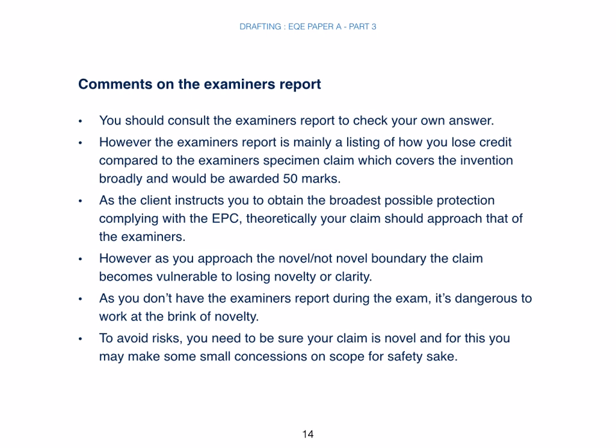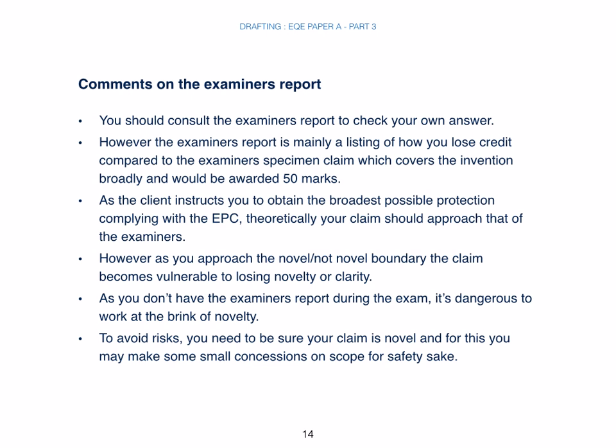As the client instructs you to obtain the broadest possible protection complying with the European Patent Convention, theoretically your claim should approach the examiner's claim. However, as you approach the novel/not novel boundary, the claim becomes very vulnerable to losing novelty or becoming unclear. In other words, as you approach the examiner's notional claim, you are in a very vulnerable position for losing a lot of credit.